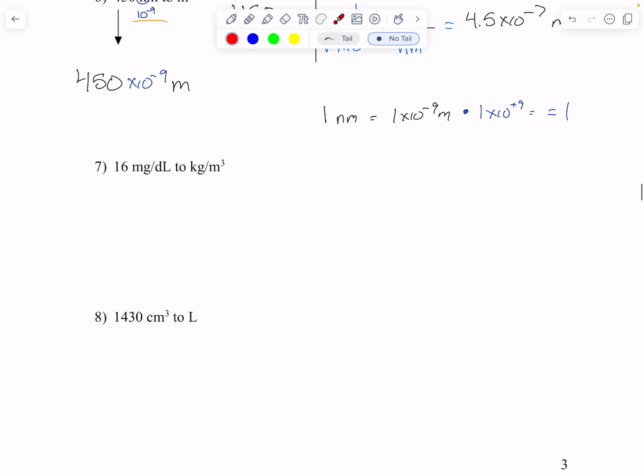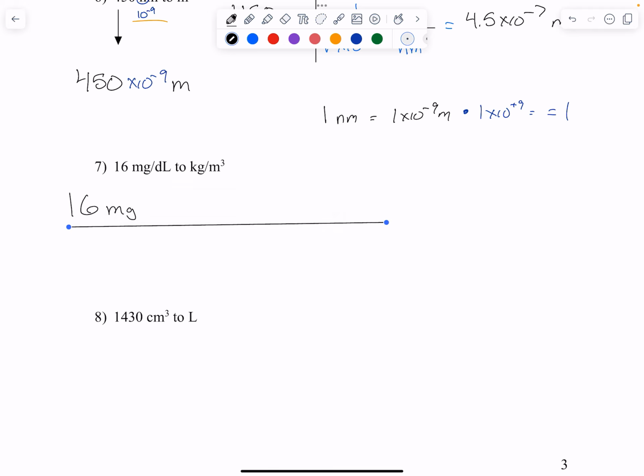Number 7. 16 milligrams per deciliter to kilograms per cubic meter. All right, let's go with this. 16 milligrams per deciliter. Milligrams first, let's go.